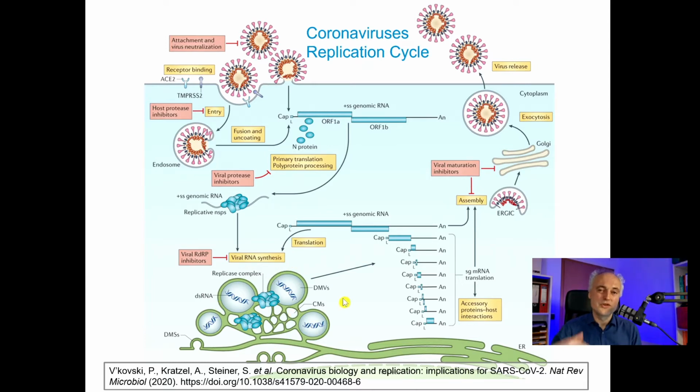Then if you produce your new mRNA, you can produce the proteins you need. By the way, for the replication, it's produced at the beginning. It's a plus strand, as I forgot to say, so you can directly translate that into the replication complex.